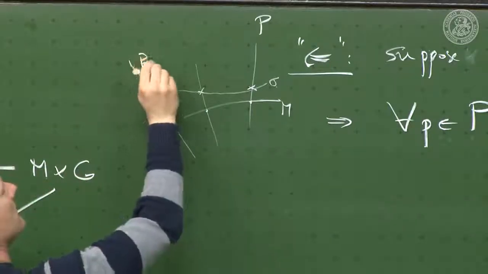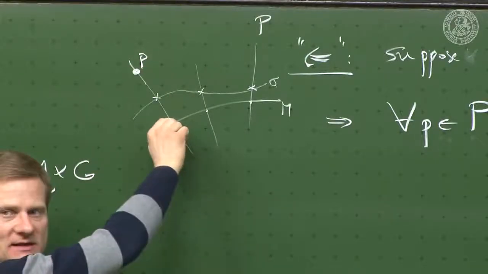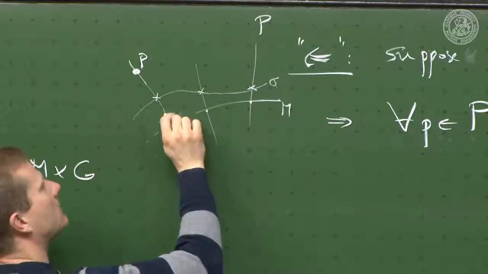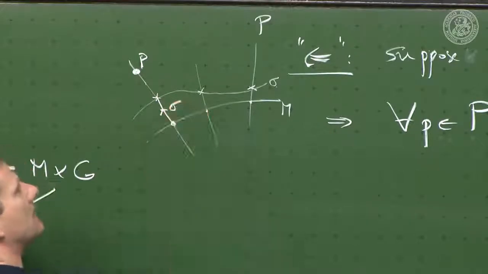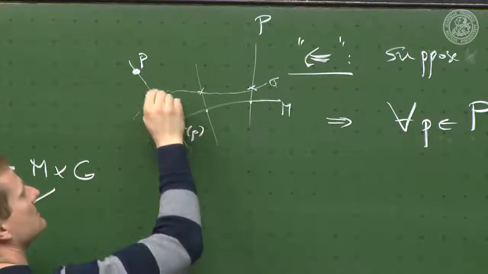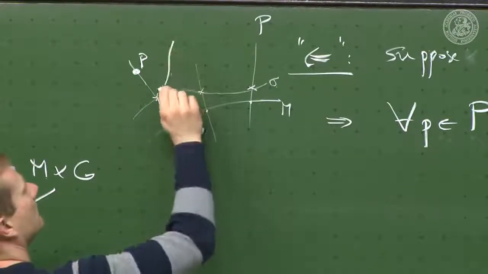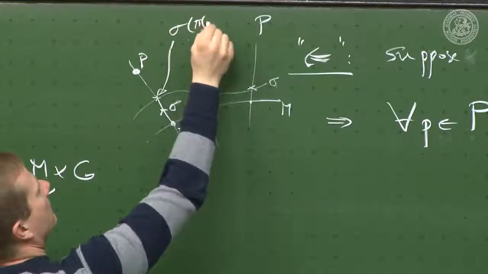So I take this point little p in the fiber, I project it down by pi to here, and then I can look at what the point is that my sigma makes of it. So down here is pi of p, and this here is sigma of pi of p.